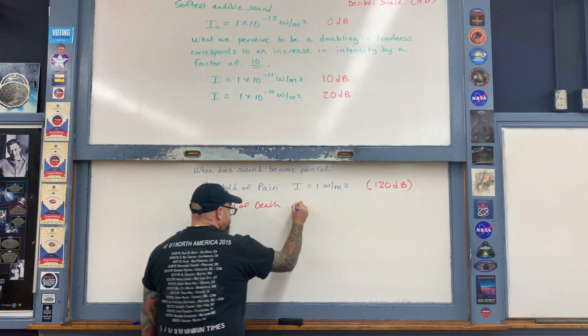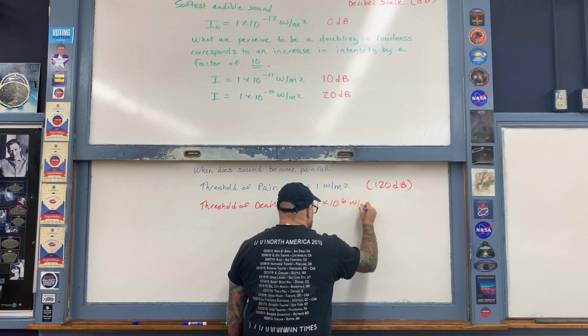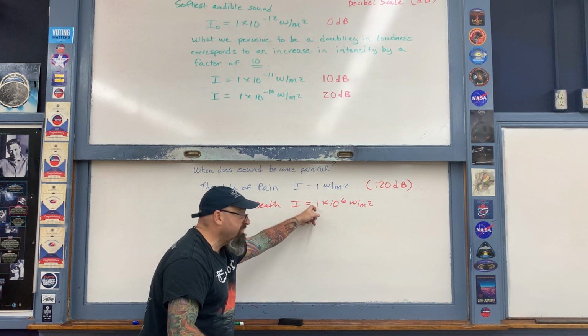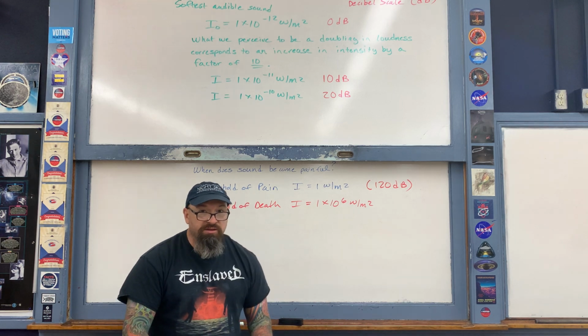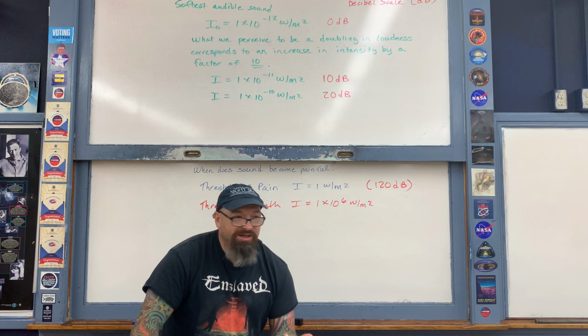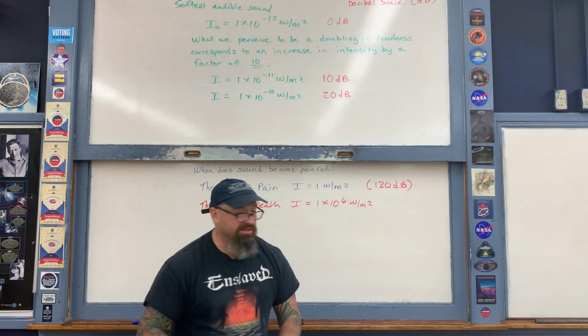At the threshold of death, the intensity of the sound is 1 million watts per meter squared. The intensity associated with a pressure wave this large is literally large enough to disrupt your body and kill you. That's an intensity level of 180 decibels.